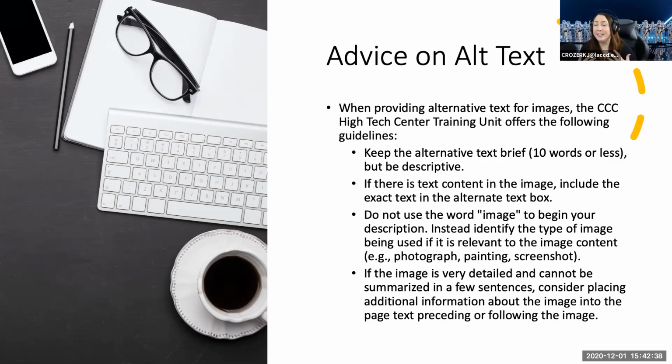For instance, if you were in the sciences, and I sometimes think about biology professors and how they have graphs of the human body, or charts, I guess I should say, and everything's labeled. That would be very difficult to do in 10 words or less, which is what we normally do for alternative text. So in the class that I attended, what they recommended is that you would have a little link to a much longer explanation.